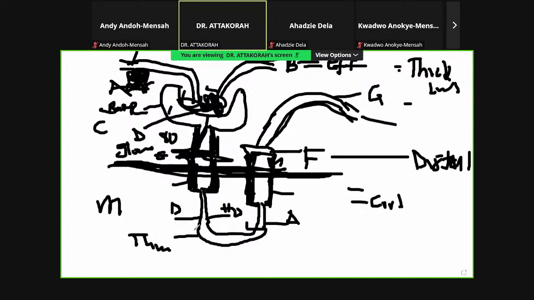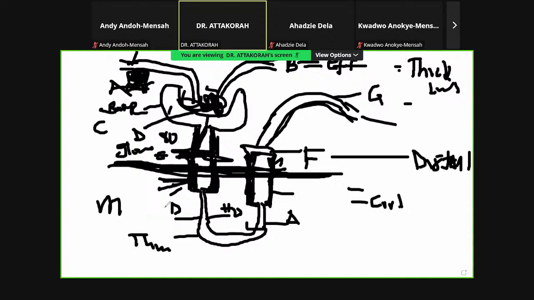To do that, there should be reabsorption of urea, glucose, sodium, potassium, and chloride into the medulla. When these things get into the medulla, it will make the concentration of this area high.